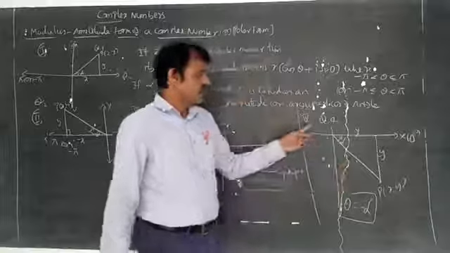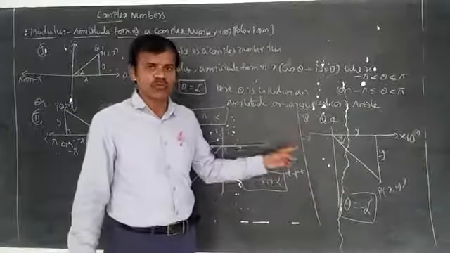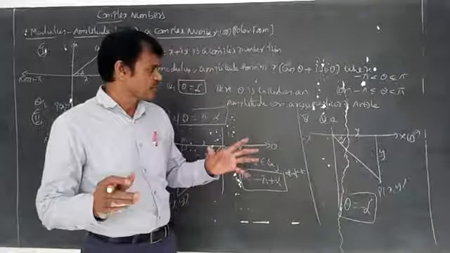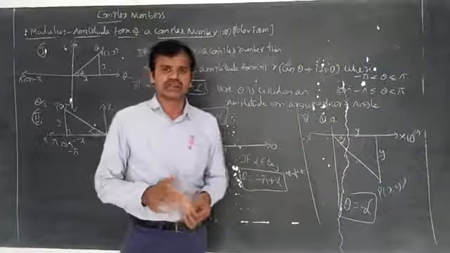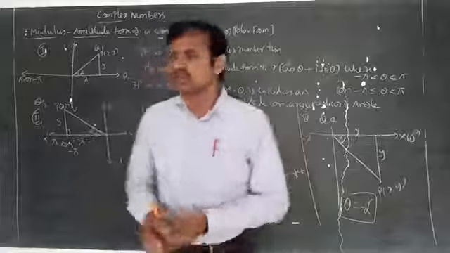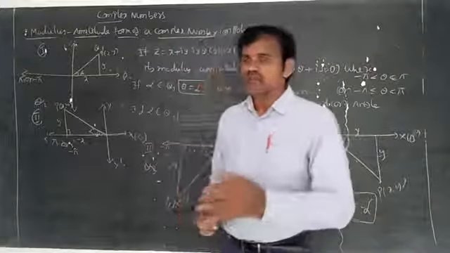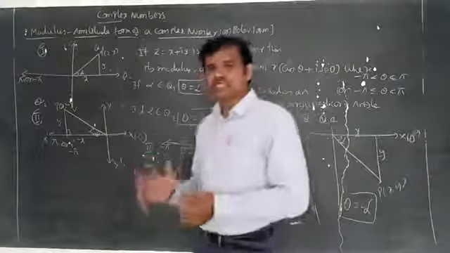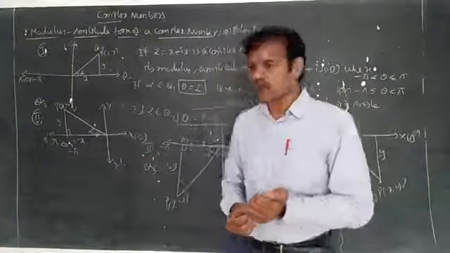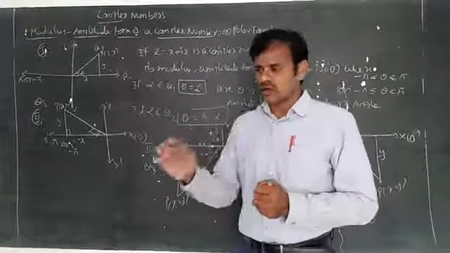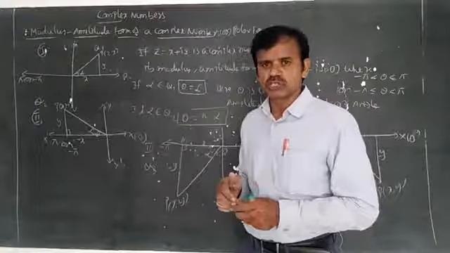If the alpha angle is in Q4, then you can mention that theta is equal to minus alpha. This is the most important concept. Every student gets confused. That is why I am discussing it at length. While transforming the complex number into modulus amplitude form, first of all you need to calculate in which quadrant the angle lies.